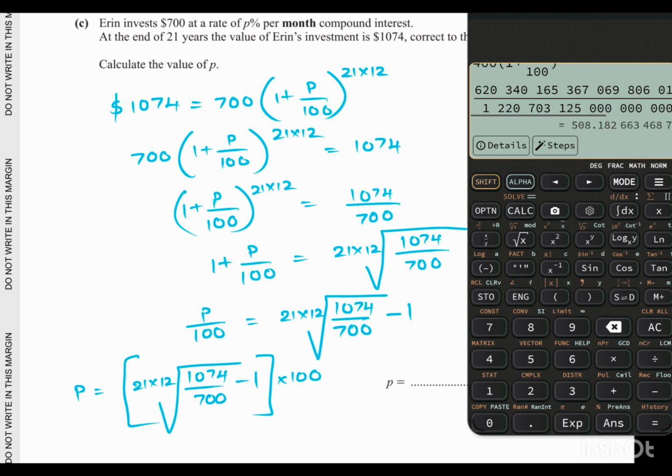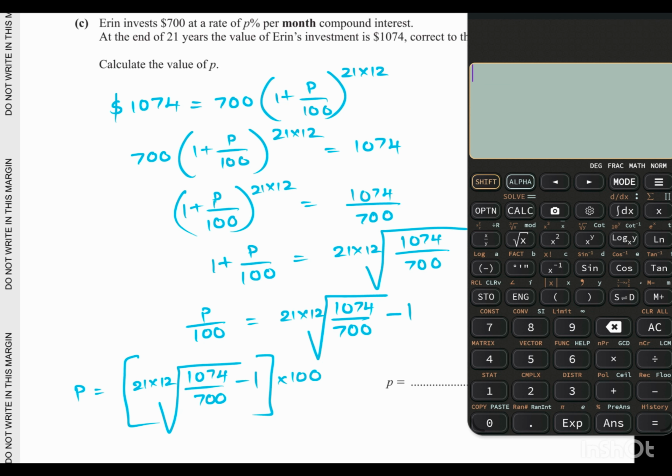Now you can use a calculator, directly find out. Okay, so it's bracket here, and take the shift button, root, fraction button, put 21 into 12, then 1074 by 700, then minus 1, close the bracket, into 100.